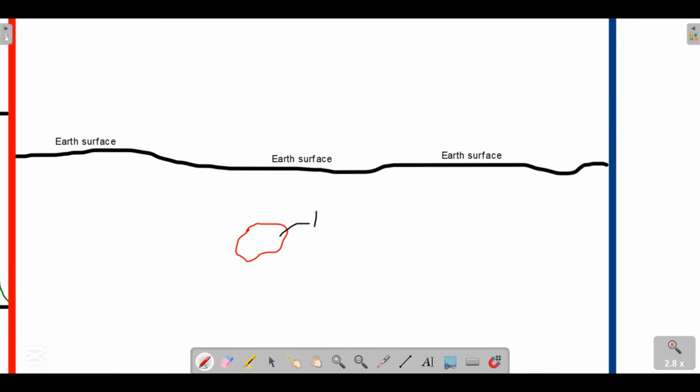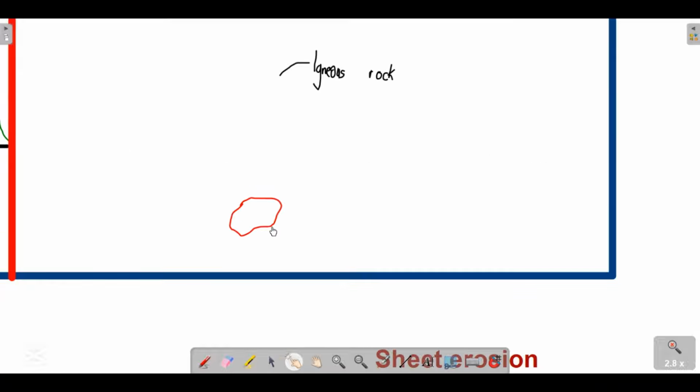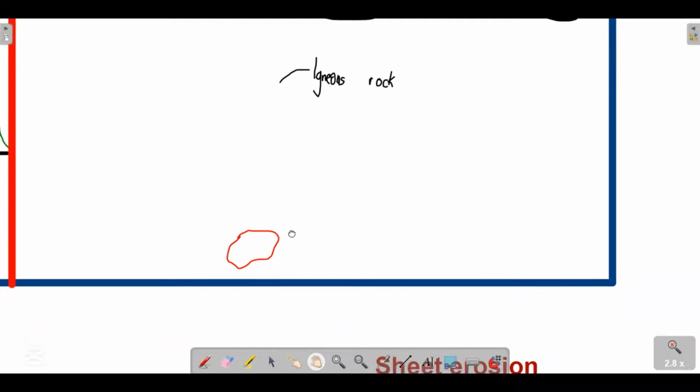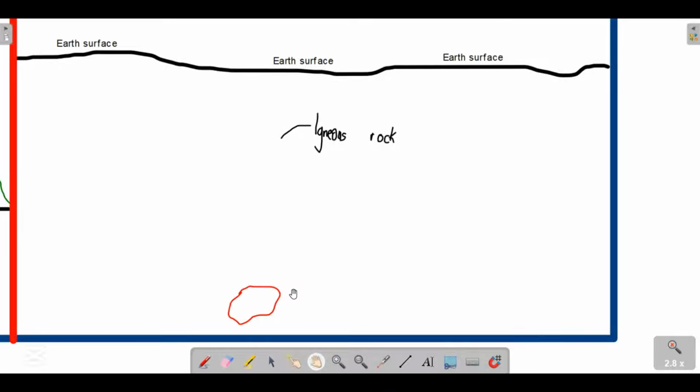Maybe this was an igneous rock. It has already solidified, and due to many processes, it has now been exposed to very high temperatures, very high pressures below the Earth's surface. This will then change the composition of the rock, like the minerals, the structure of the minerals.